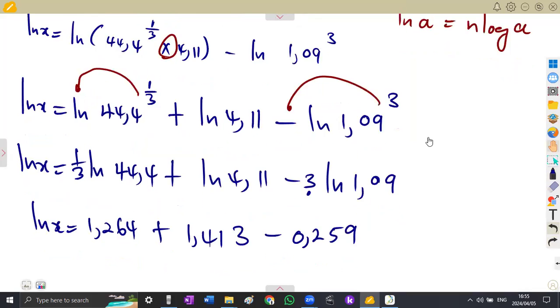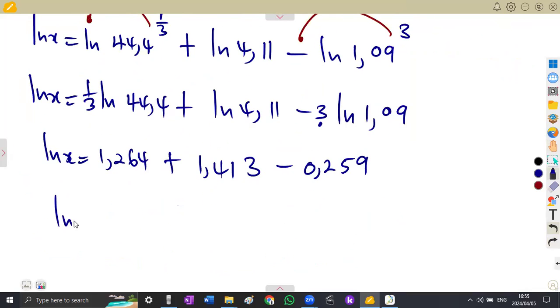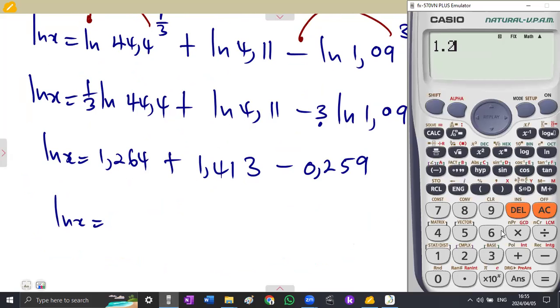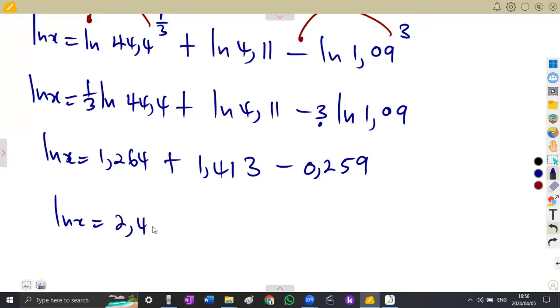Okay, so simplifying everything on the right-hand side, that means the ln of x is equal to, we're going to add everything: 1,264 plus 1,413, and there's already a minus there, minus 0,259. And that will be 2,418. Not forgetting this is a ln.